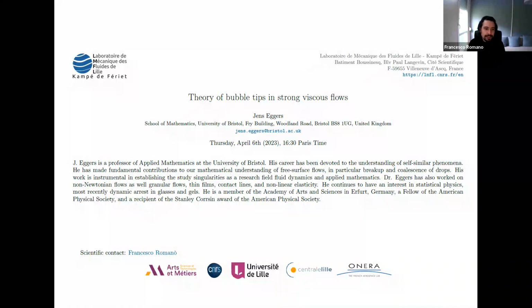Jens Eggers is a professor of applied mathematics at the University of Bristol. His career has been devoted to the understanding of self-similar phenomena. He has made fundamental contributions to our mathematical understanding of free surface flows, in particular breakup and coalescence of drops. His work is instrumental in establishing the study of singularities as a research field within dynamics and applied mathematics.